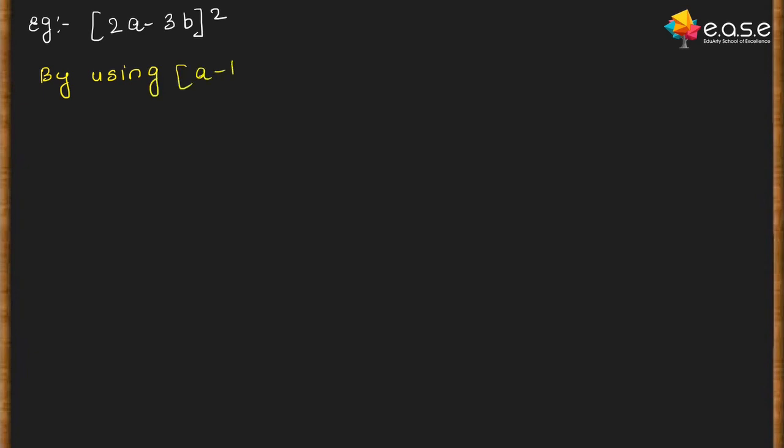What is a minus b the whole square? This is a square minus 2ab plus b square. Now let's figure out what our values are here. Your a is going to be 2a and your b is going to be 3b, and for the rest just substitute the values and you should be able to get the answer directly. Correct? This is the benefit of using identities.